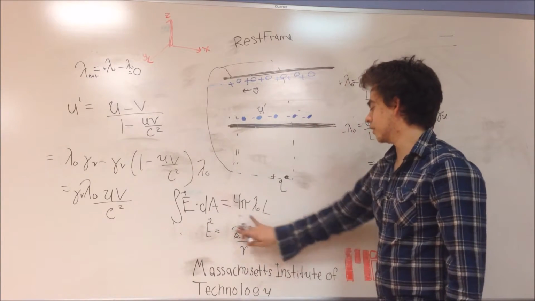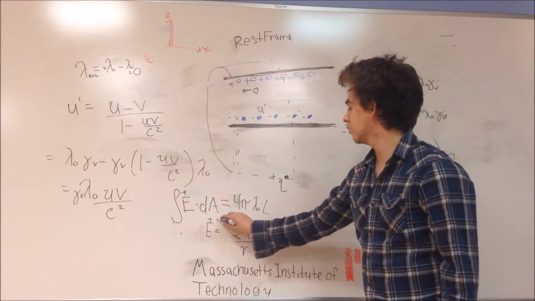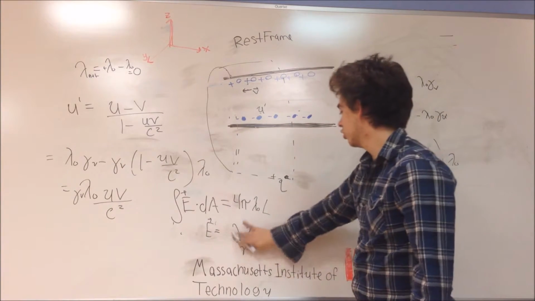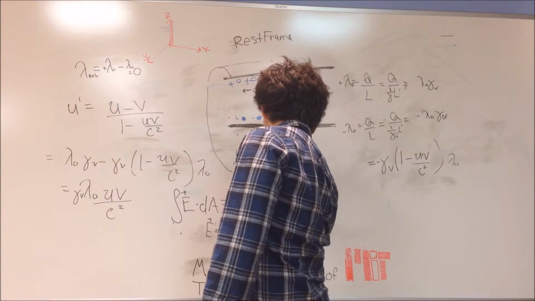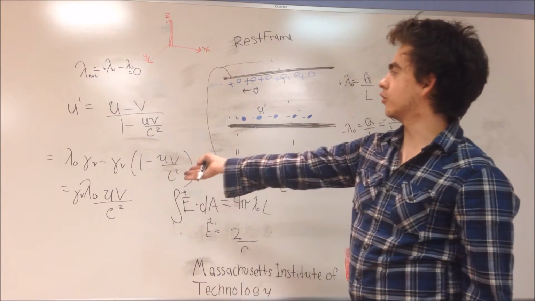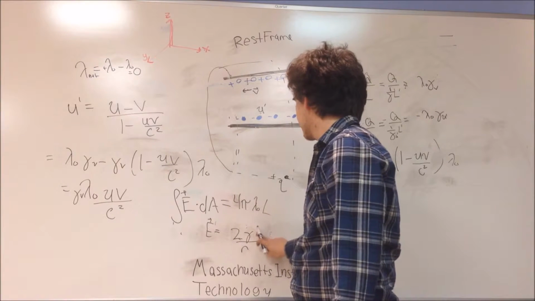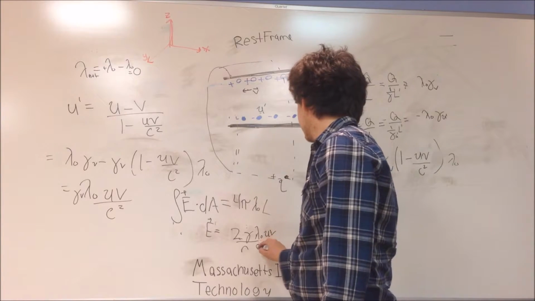And we're going to get that we're going to have a net E field for this wire. That's going to be 2 times our charge density there, which is going to be gamma lambda u v over c squared.